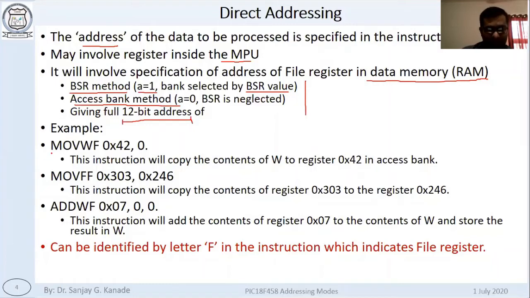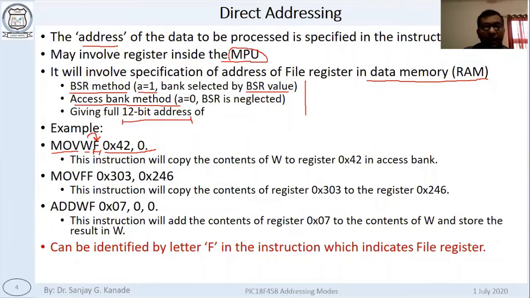Like you see in this instruction, we have seen this instruction also, MOVWF. What does this instruction do? MOVWF copies the data from W to F. Now W, we know, is the working register which is part of the MPU. So where is the second data? We are moving from W to F. So in this instruction, we don't have data.